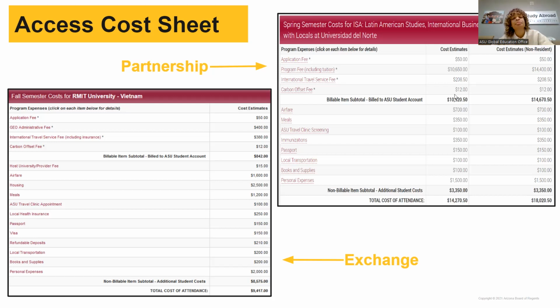So for example, let's say that you have $10,000 in scholarships. You might want to do a partnership program because then that $10,000 in scholarships will go straight towards your billable subtotal. So all that you would be paying is these out-of-pocket non-billable subtotals. So this $3,000 out of pocket.